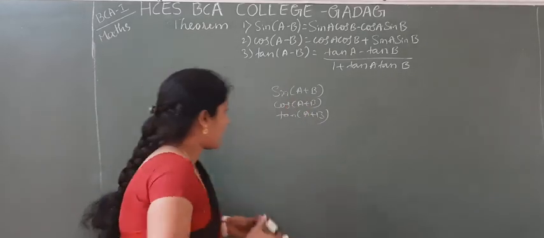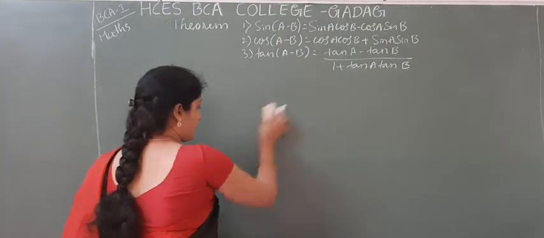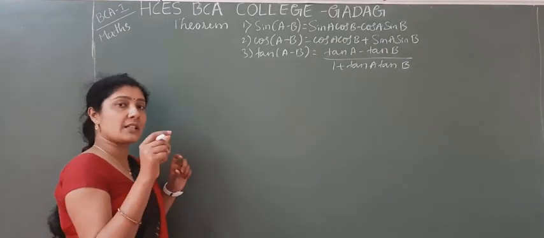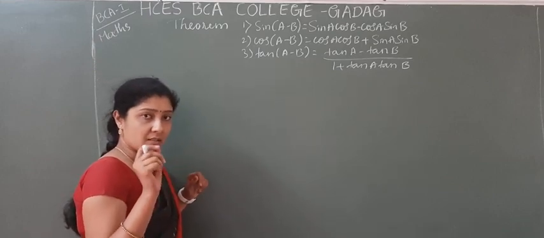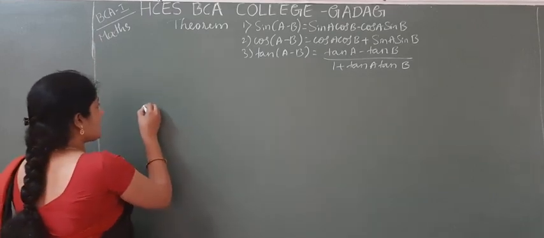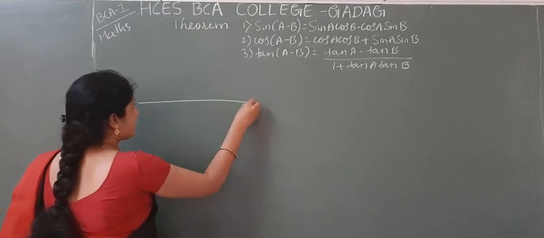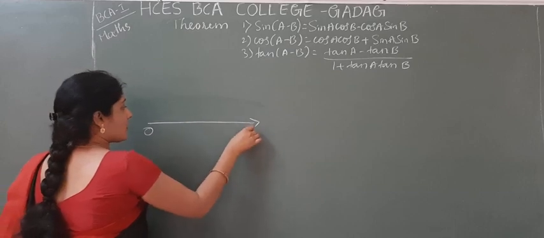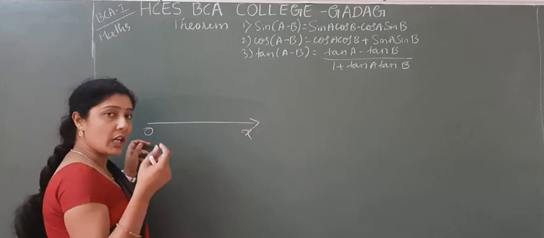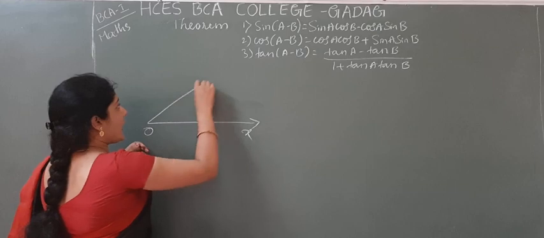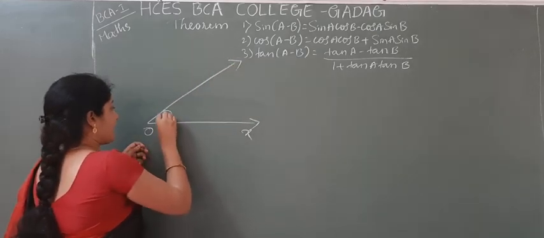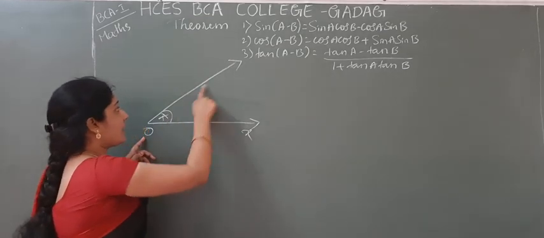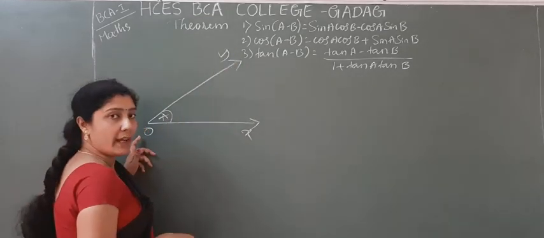So for that, again we need to draw the diagram. Again consider OX as the starting line, which is the vector. So this is OX. OX vector revolves through an angle A to the line OY.